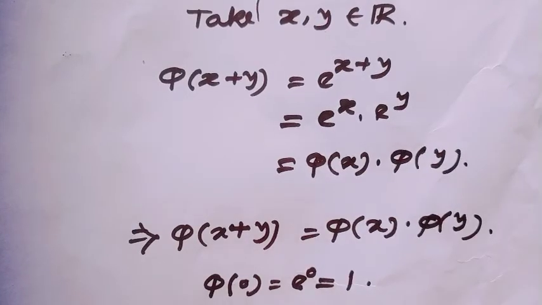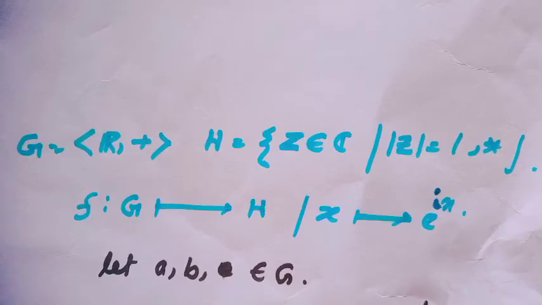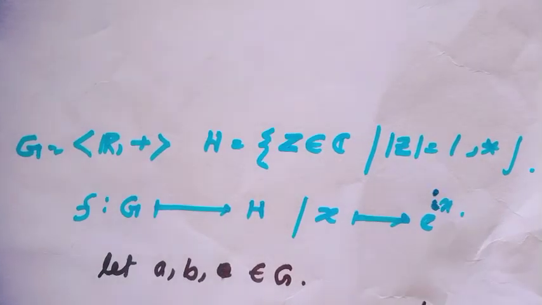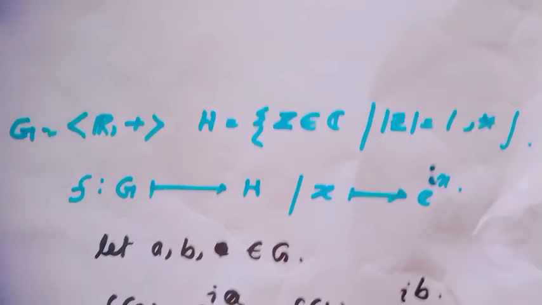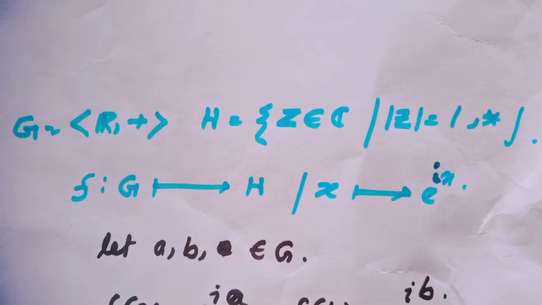Okay? Well, similarly, here is a different concept. Here G equals the set of real numbers under addition and H is equal to the set of complex numbers such that norm equals 1. And here the binary operation is multiplication.